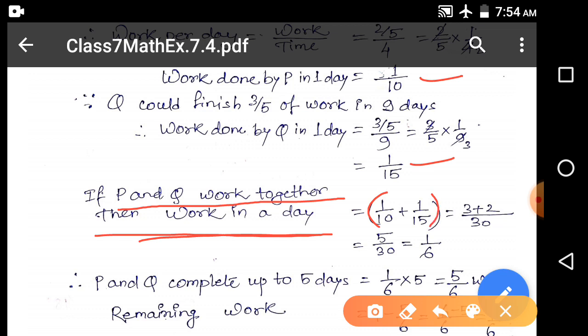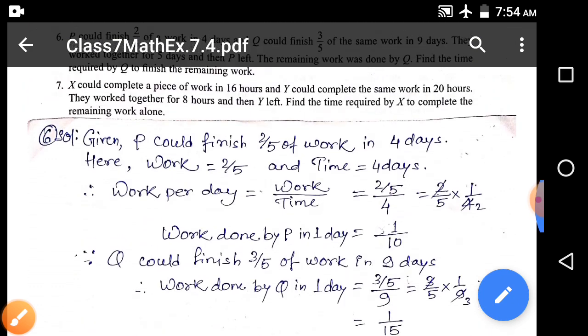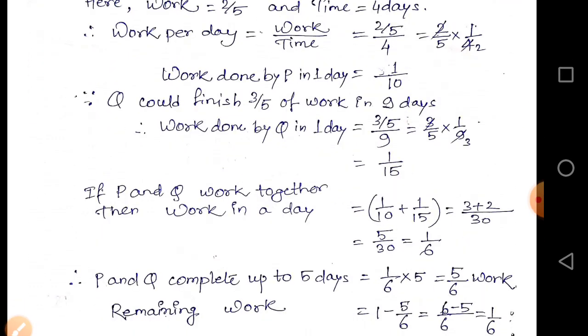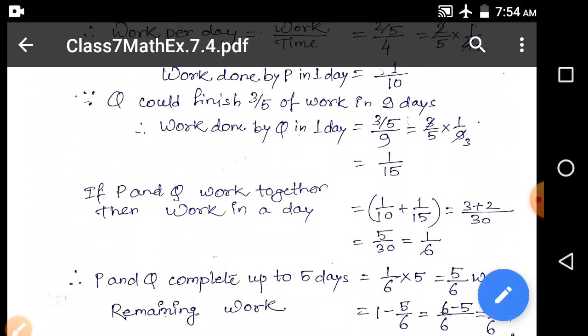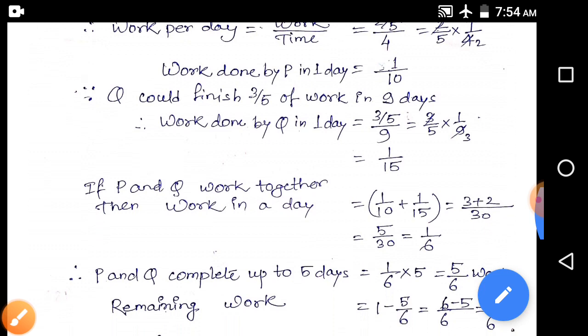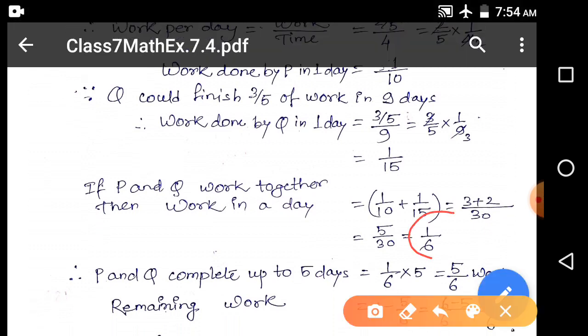So we get 1 by 6. So when P and Q both work together, 1 by 6 part of the work is done. Here we are considering the work as finished in days. So 1 by 6 part of the work is completed in 1 day or unit time when P and Q both work together.